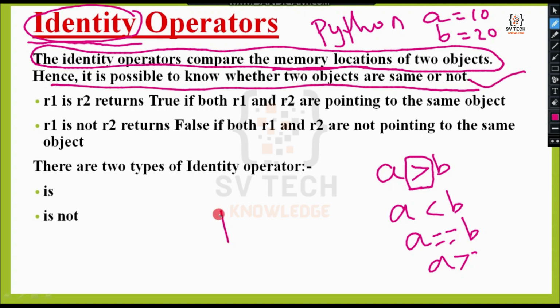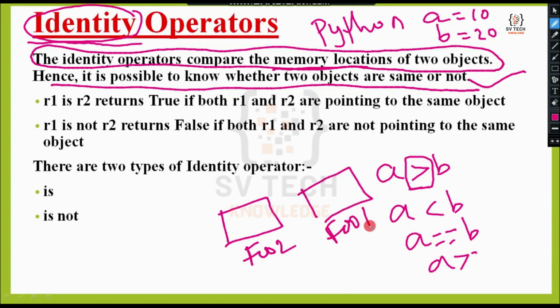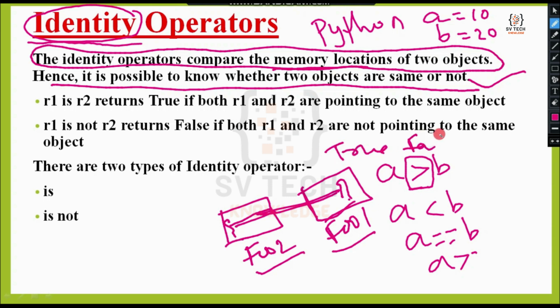So if I check two address locations, this is one address location F002 and this is another location F001. I am checking these two address locations and seeing whether the same object is present in both locations or not. If the same object is present, I am going to return true, otherwise I am going to return false.